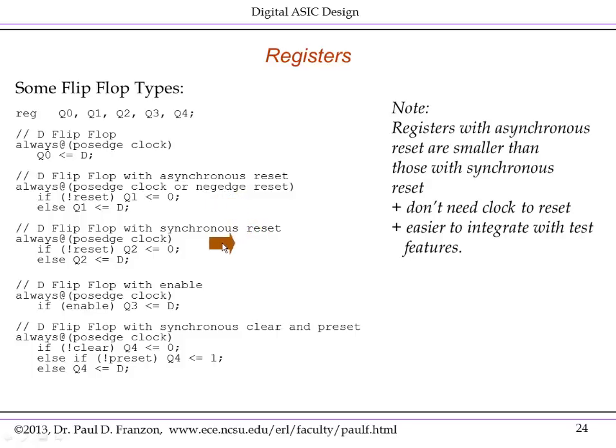The second one here is a synchronous reset because Q will only change on the pos edge clock event. That is, Q changing on the reset is synchronized with the pos edge clock event. Here I have an asynchronous reset because I put this OR neg edge reset into the sensitivity list.